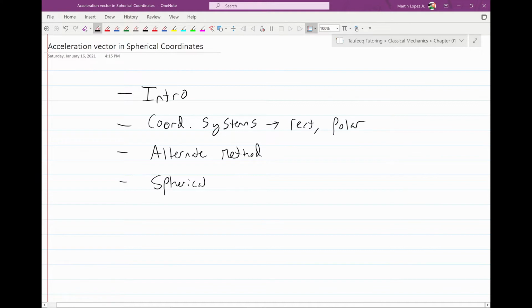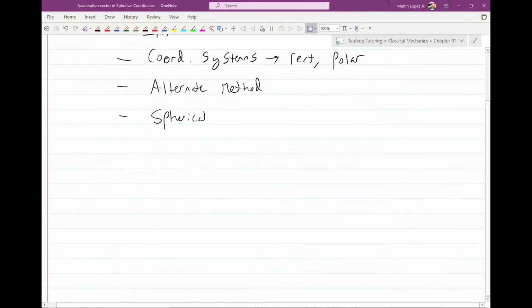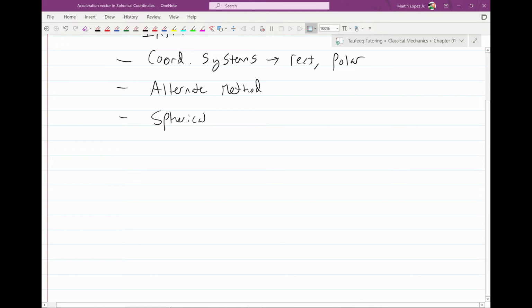Okay. Now, what is the acceleration vector? And why do we care about the acceleration vector? We care about it because it appears in a very important law called Newton's second law, which states that the force vector is proportional to the mass times the acceleration vector.